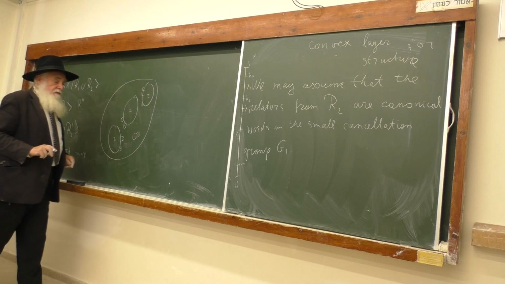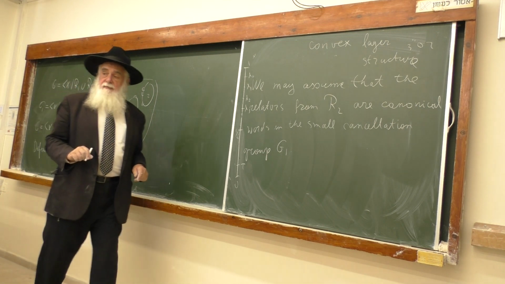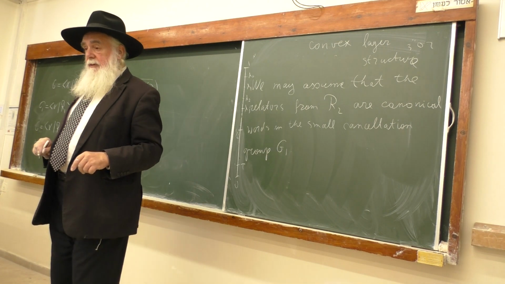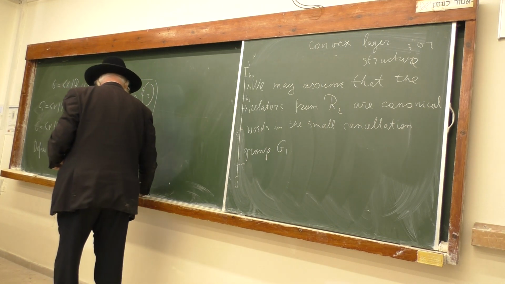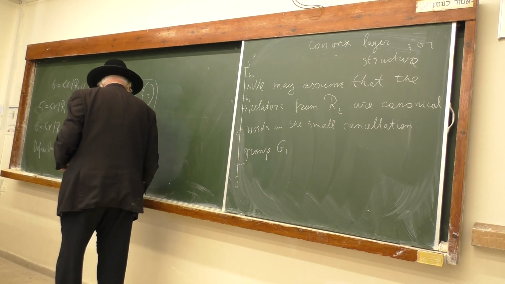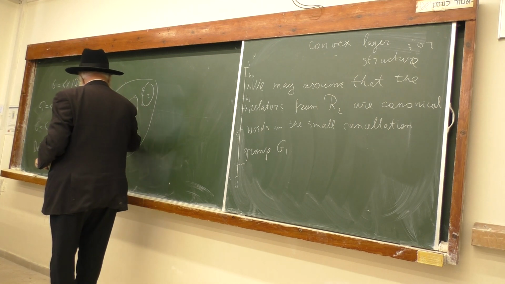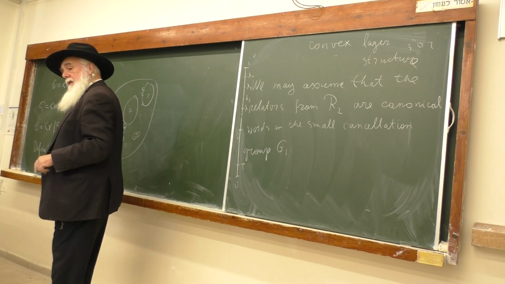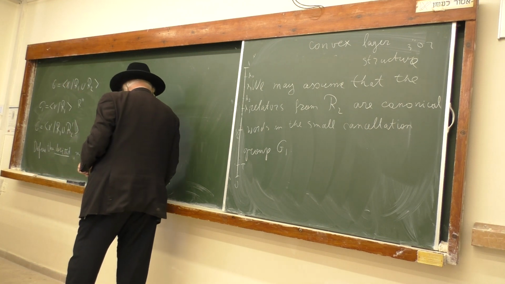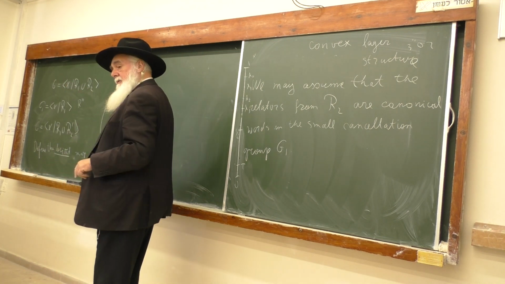How do we define the derived map? We do the following. We look at the distance, for each small region, we look at the distance from the big region.